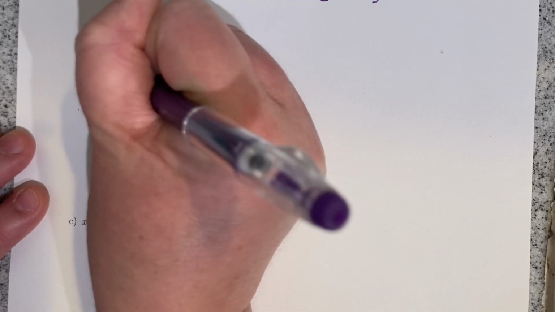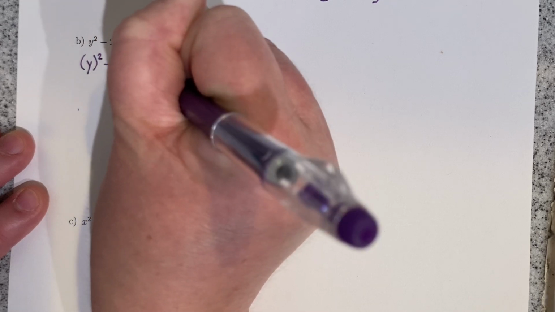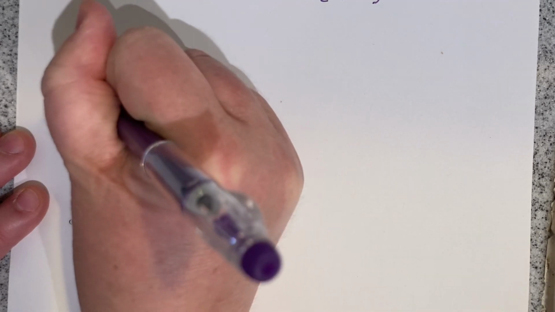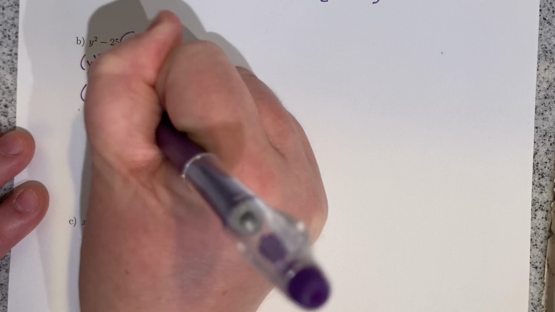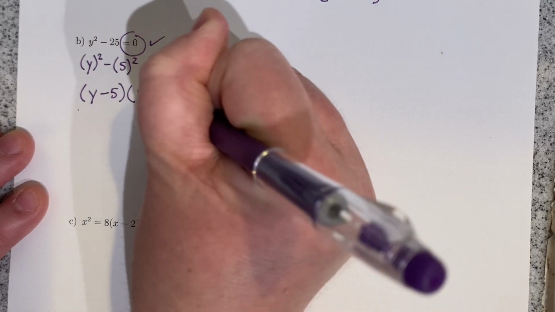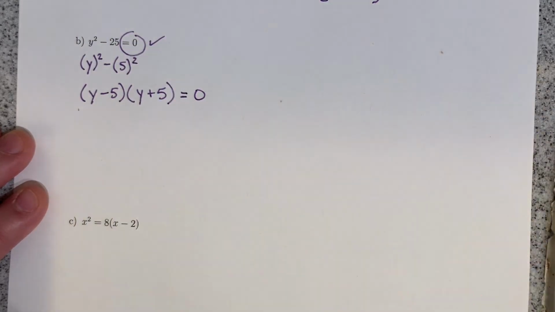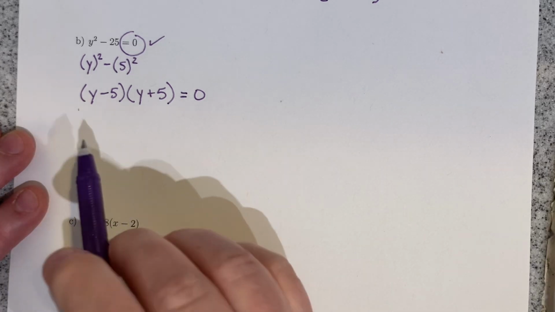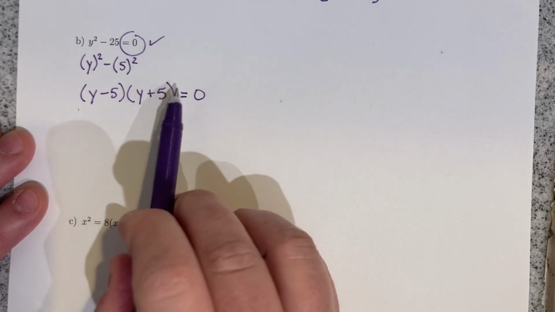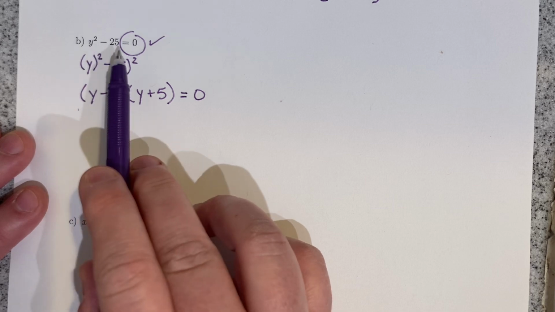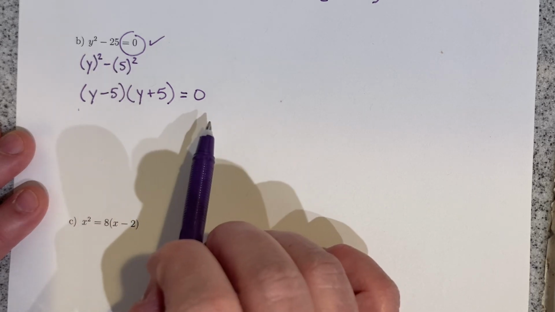We have y being squared minus 5 being squared. So the way to factor this is y minus 5 times y plus 5, and still equals 0. If you need to check, do FOIL, right? Make sure you get y squared minus 25 again to make sure your factoring's right.